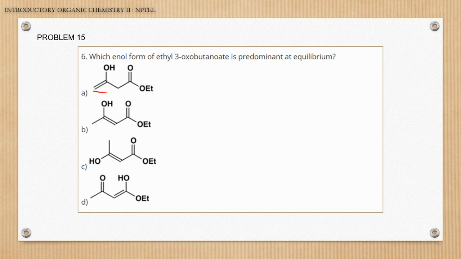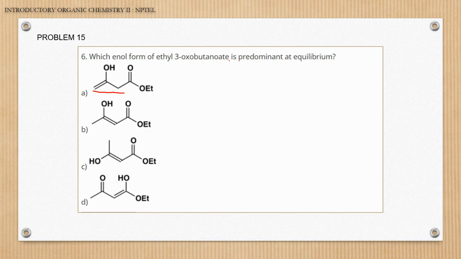This is the core structure of ethyl 3-oxobutanoate. Can anyone quickly tell me which could be the most stabilized structure? Any guesses? I think B. Any other answer than B?